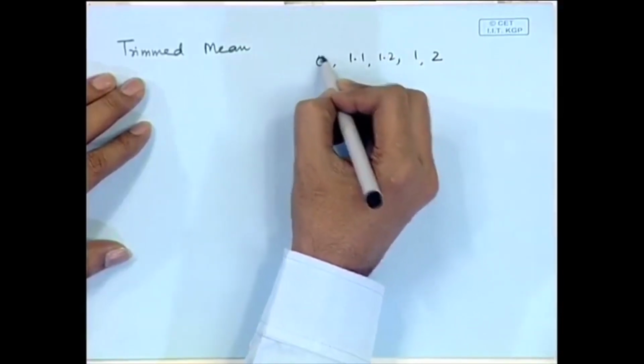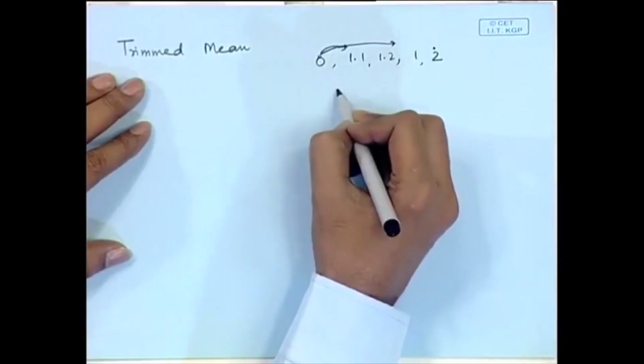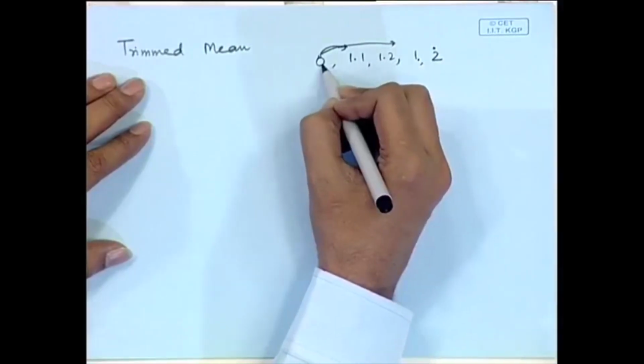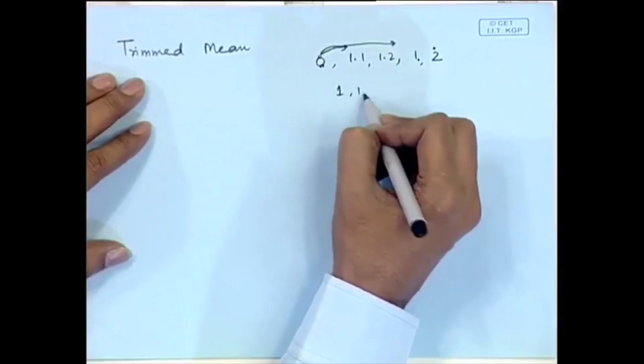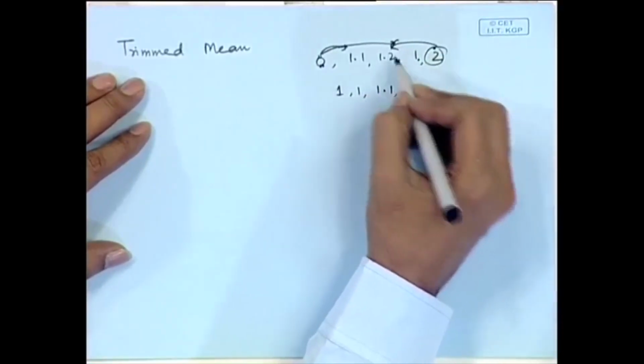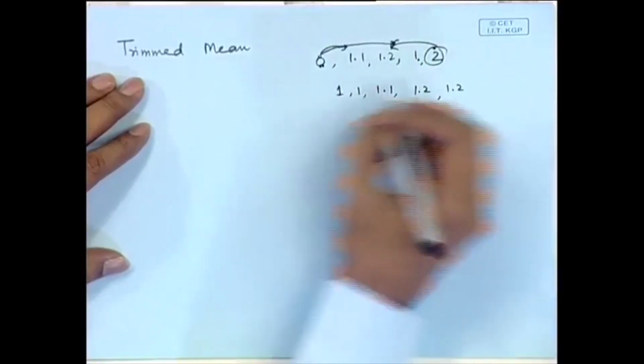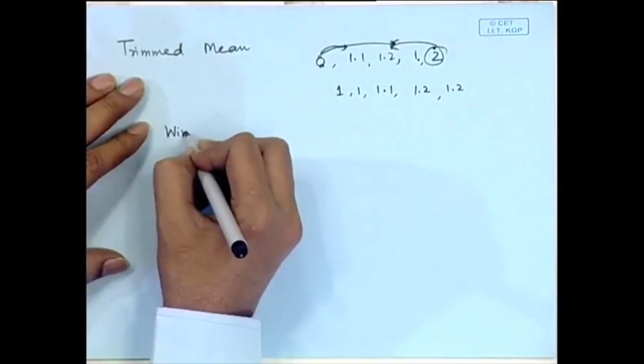Then the lowest value is 1, so below that this is 0. So, I will convert this to 1. So, 1, 1, 1.1, 1.2, and this 2 I bring down to the next value, that is 1.2, and then take the average. This is known as Winsorized mean.